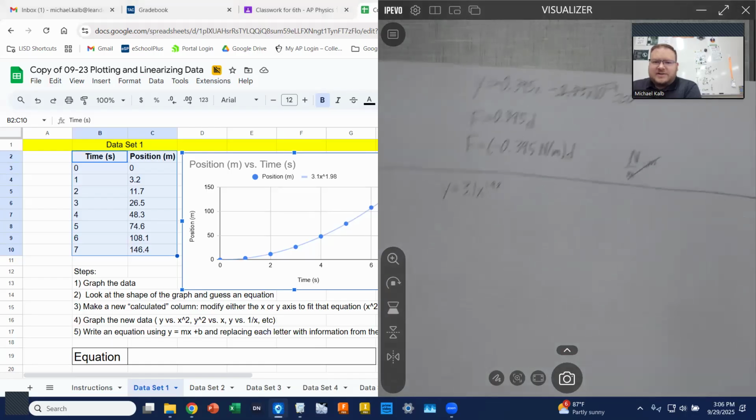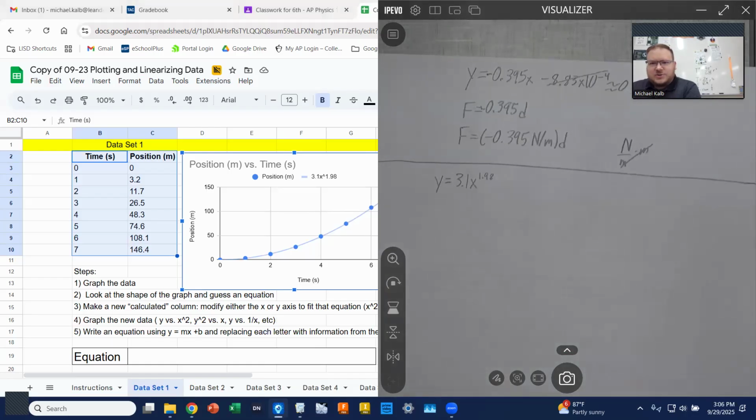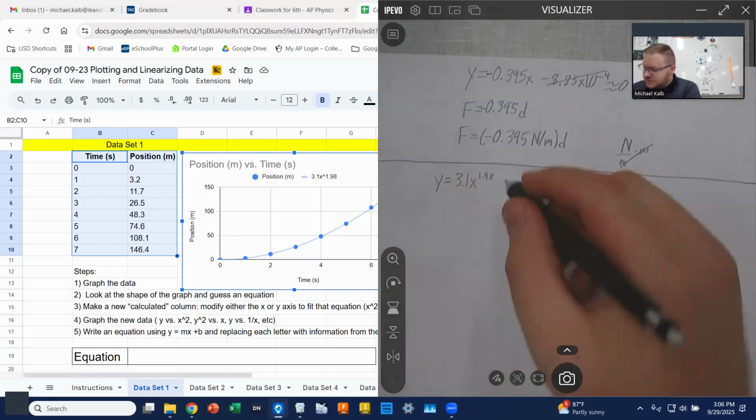Now, it's highly unlikely physically that it's actually the 1.98 power. No measured data is going to be perfect. It's far more likely that that's the second power. That, in other words, y is equal to 3.1 x squared.